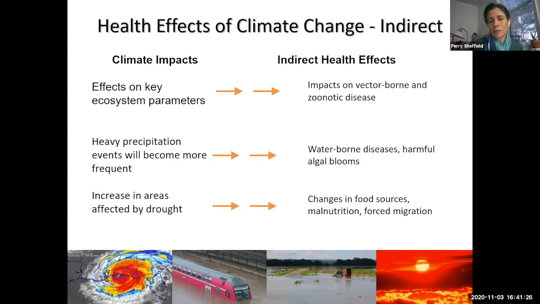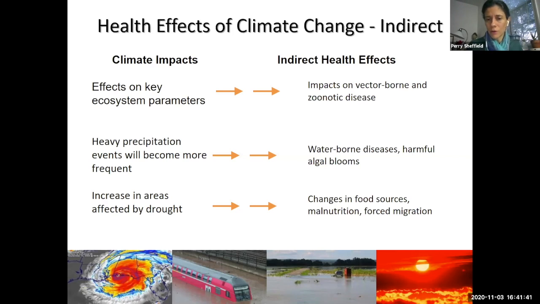Through heavy precipitation, we could get directly injured, or a couple steps down the line, it could change our exposure to waterborne pathogens or trigger harmful algal blooms. That's usually precipitation plus warming.